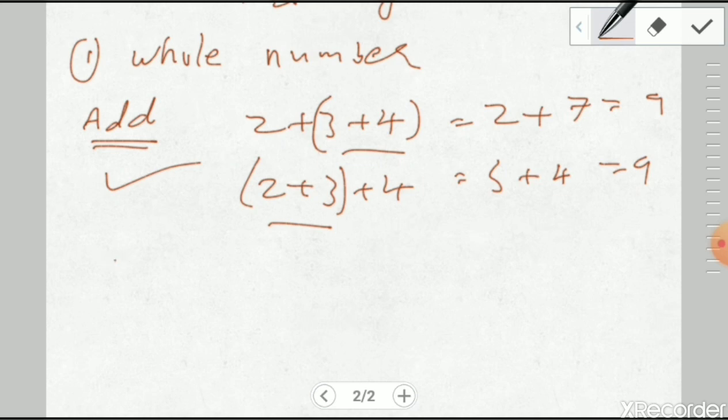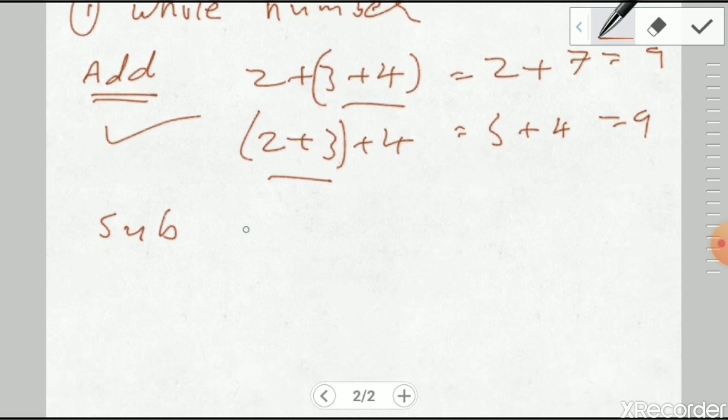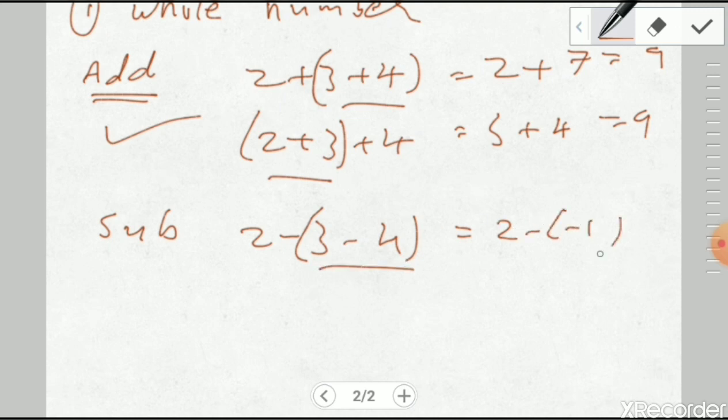Now for subtraction. If we check for subtraction, just like 2 minus 3 minus 4, and I make an association of the 3 and 4, so 2 minus, and the answer of this bracket is minus 1, so its final answer will be 3.